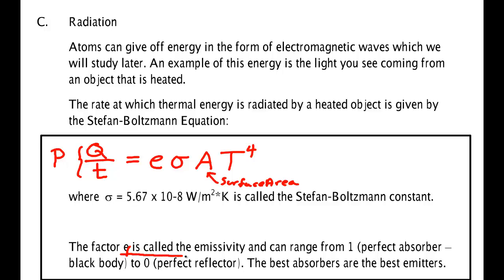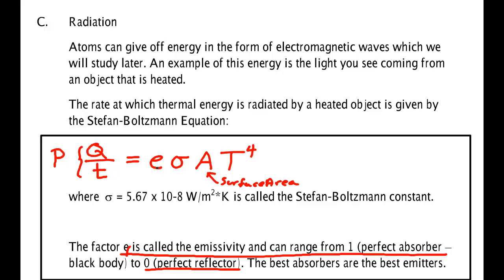The emissivity can range from 1 for a perfect absorber to 0 for a perfect reflector. So if you want to make something like a good stove, black is perfect. It only absorbs energy, but when it absorbs energy, it equally likes to re-radiate it out as electromagnetic radiation.